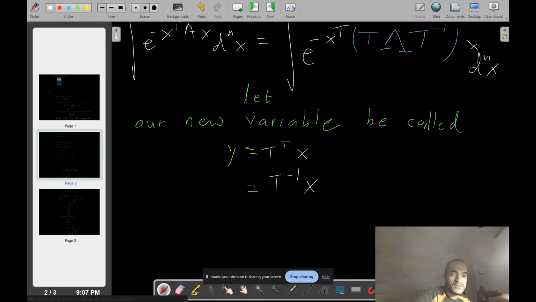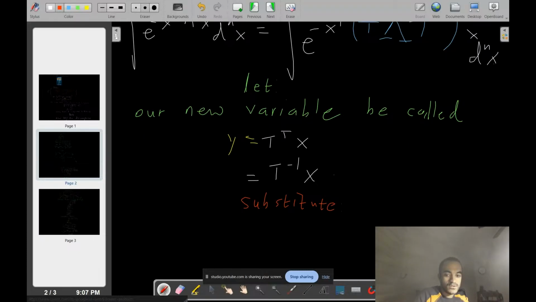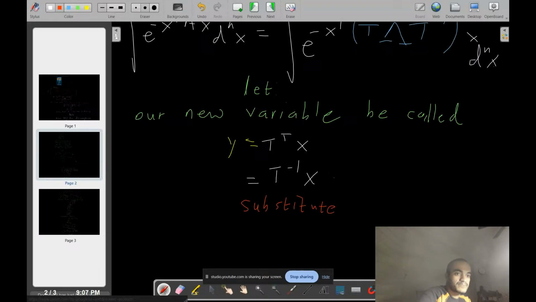I'm going to substitute that new information that we have here back into our integral. So the integral of e to the negative x transpose, what do we call it?